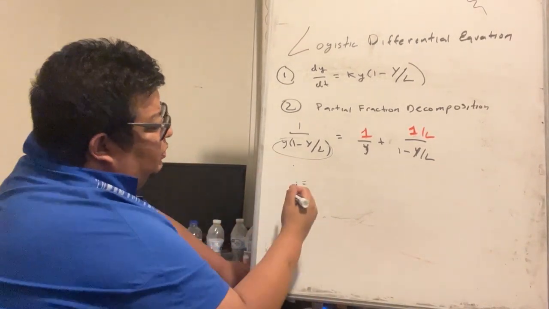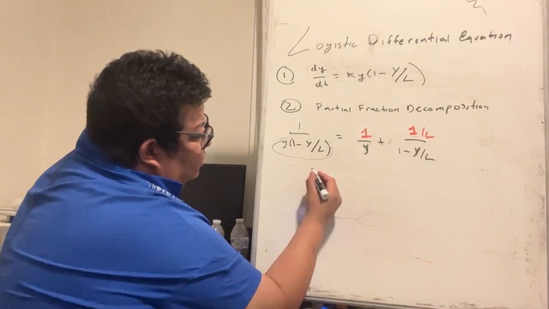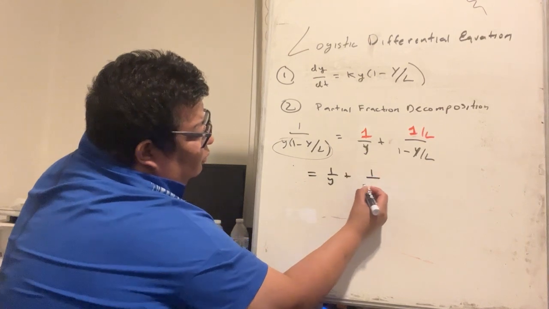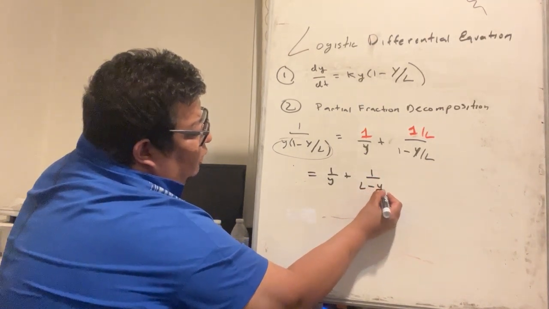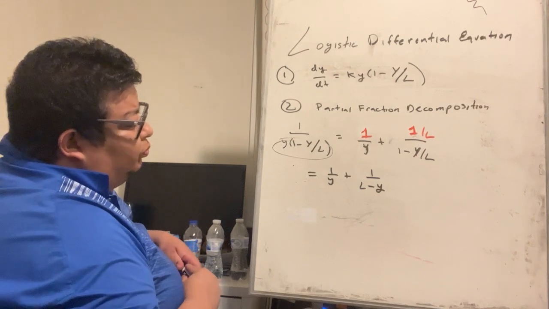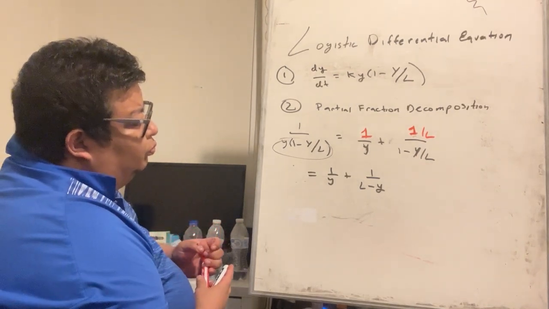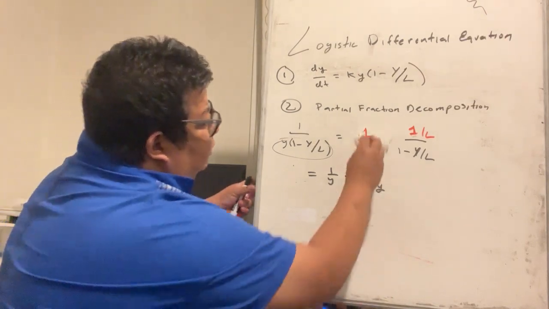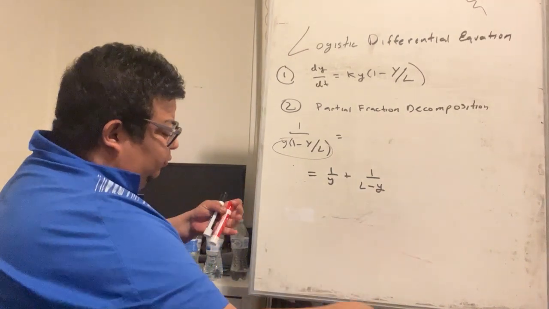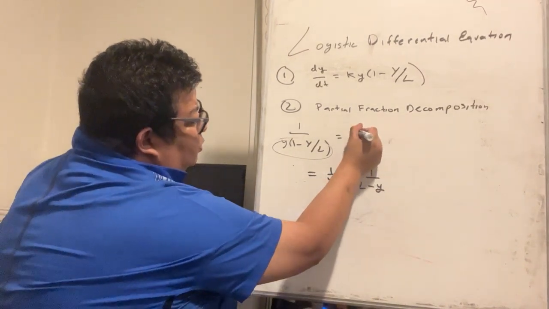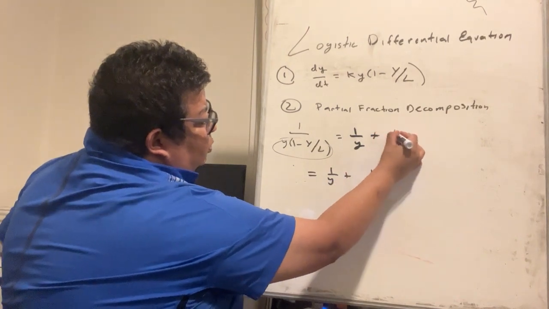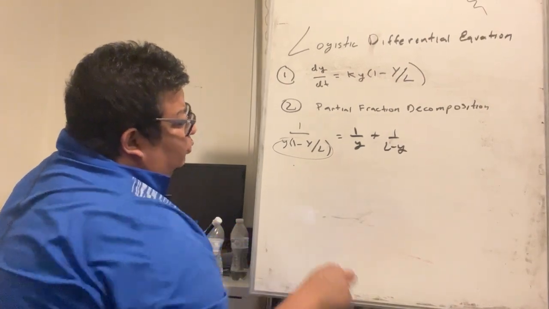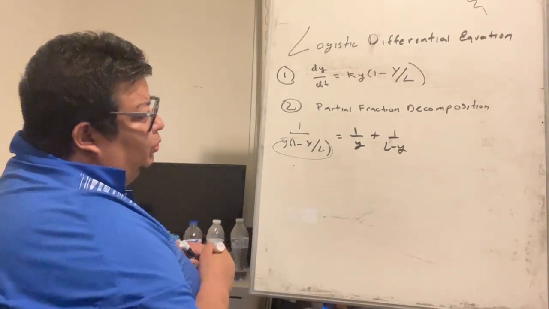That means that this thing is equal to 1 over y plus 1 over L minus y. Let's write it here to make space. This becomes 1 over y plus 1 over L minus y. We're going to need this.